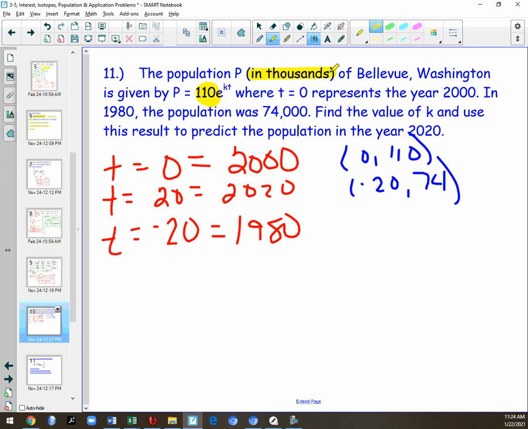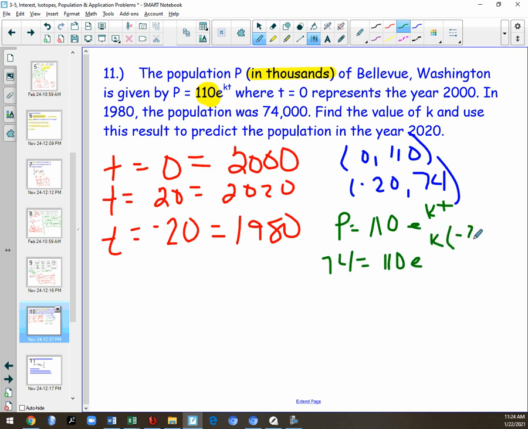Now we're going to find our K value. How do we go about that? We are simply going to do a plug and chug here. Using this formula, P is equal to 110 e to the KT. My population was 74, 110 e to the rate I don't know, but the time was negative 20.